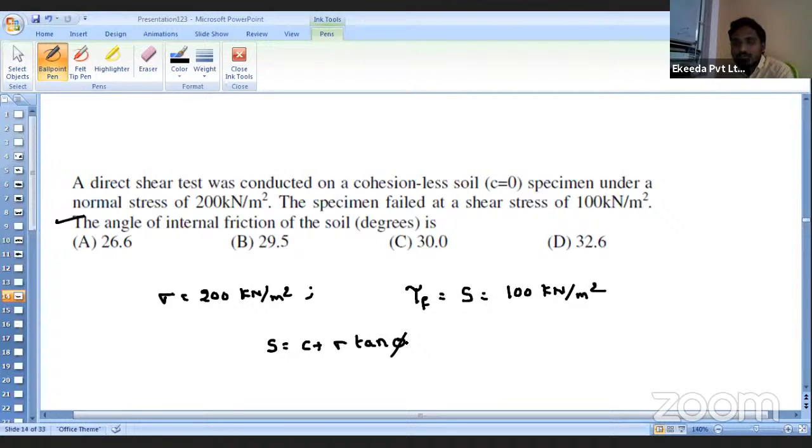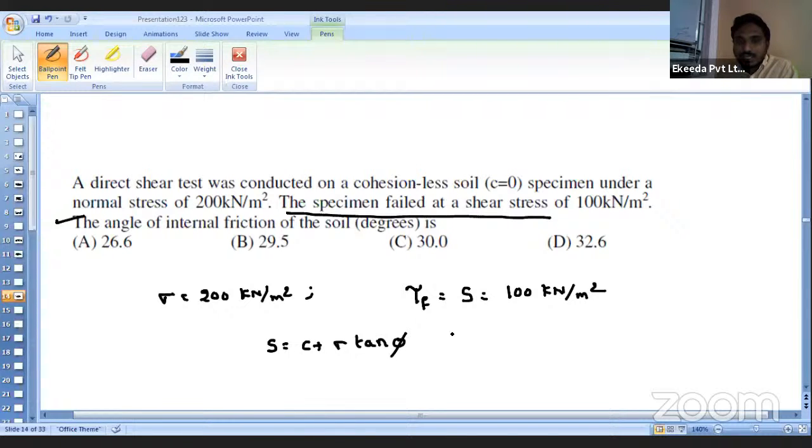So only one thing we have to understand here is that the specimen failed at a shear stress of, wherever they are mentioning that it is failing at that point, that means up to that point only the soil has sufficient capacity to resist the applied forces. So wherever they mention that it failed at a shear stress of, at that point we can take it that the shear strength of the soil is nothing but 100 kilonewtons per meter square.